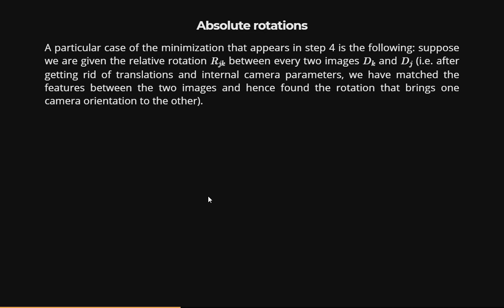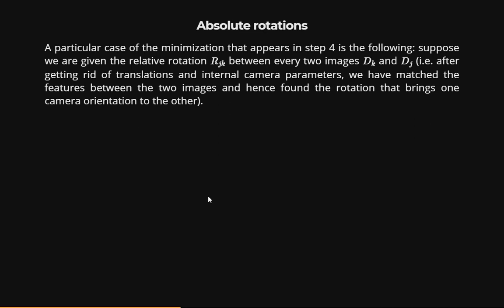What you end up with is a lot of images taken around your object, and by having found an approximation of the essential matrices, you know more or less the rotation that brings one image, one plane projection, to the other. The essential matrix is not exactly the rotation, but it's really close.